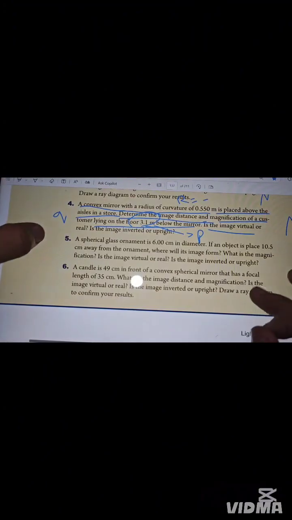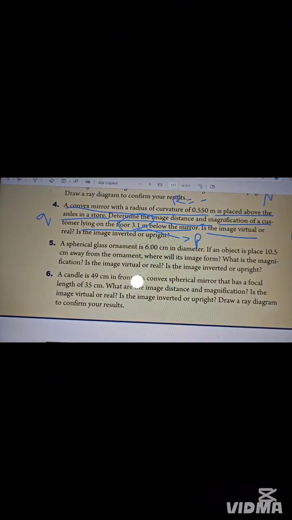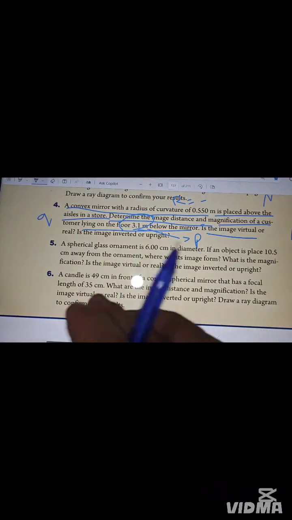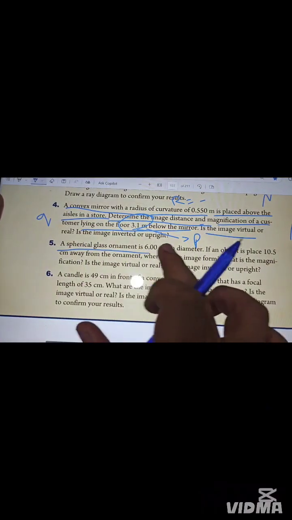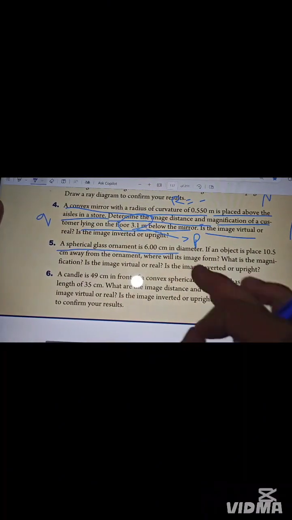Question 5. The question said a spherical glass has 6 centimeter diameter. In here, instead of radius, you have diameter.